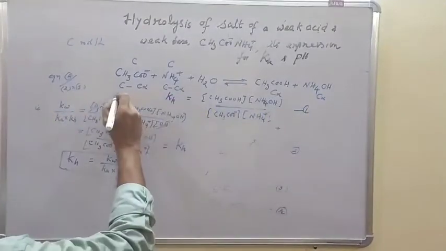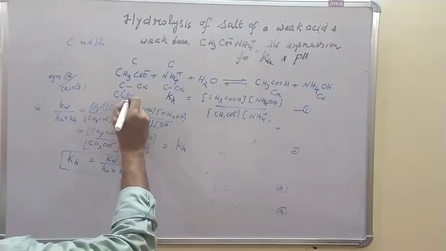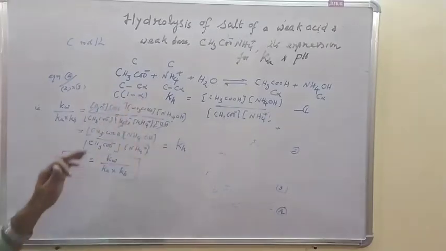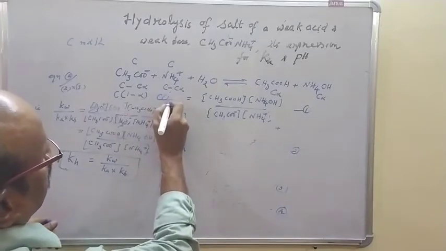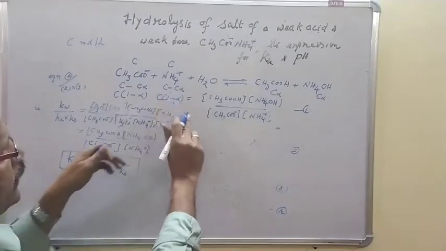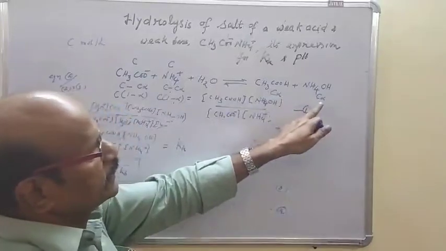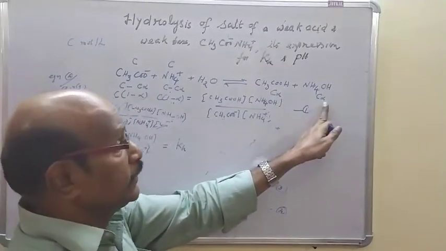That is, C into 1 minus alpha moles of acetate and C into 1 minus alpha moles of ammonium ion react to give C alpha moles of acetic acid and C alpha moles of ammonium hydroxide.